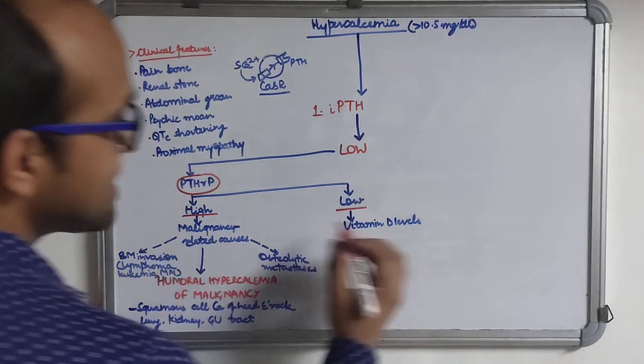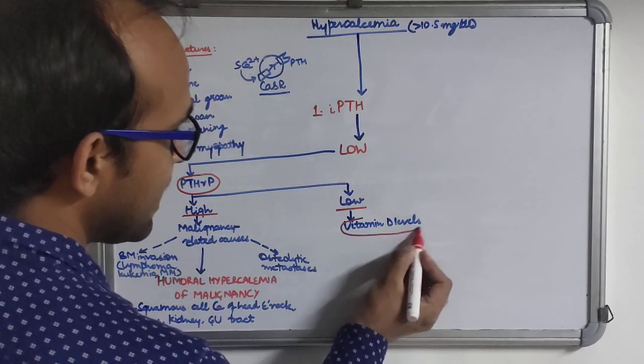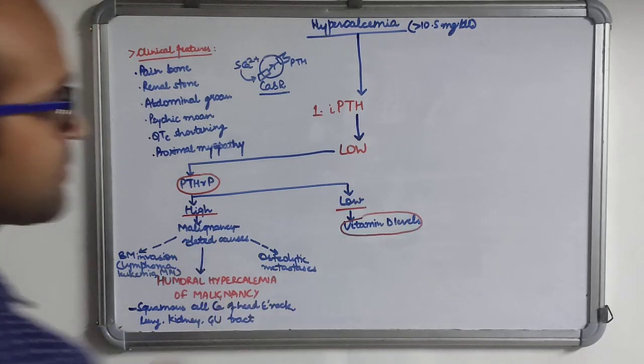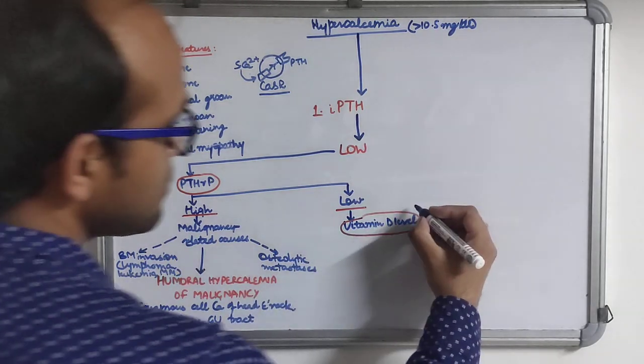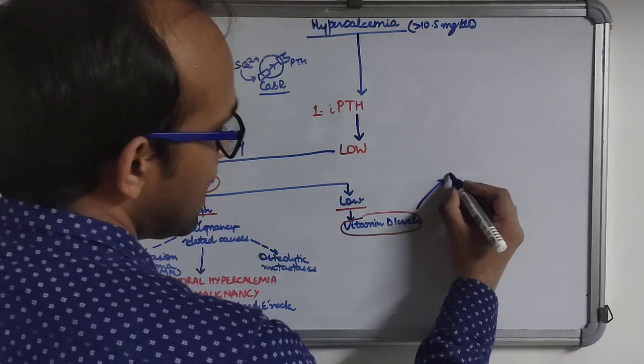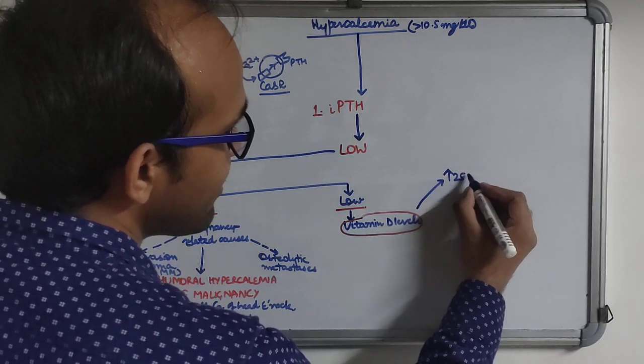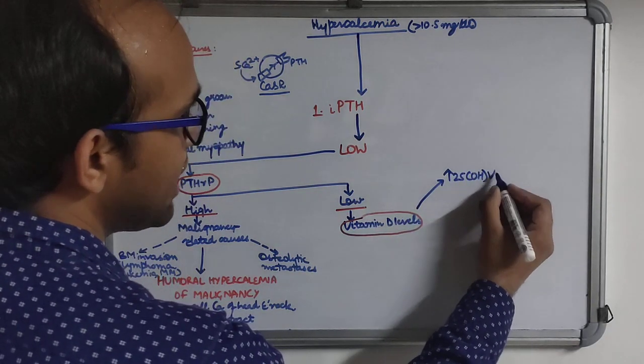Now, vitamin D is another important player in calcium homeostasis. So you need to assess if there are increased 25 hydroxy vitamin D levels.